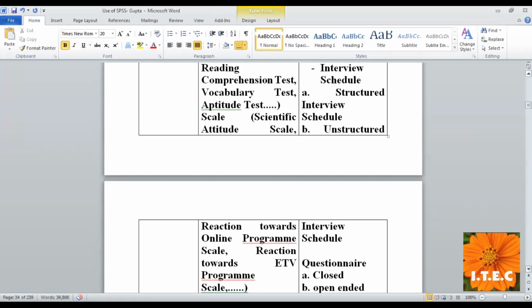But the qualitative information cannot be converted into quantitative. Please listen carefully. The qualitative information received from the observation schedule or interview schedule or questionnaire cannot be converted into quantitative, and therefore these can never be standardized. So that is the thing that you should understand.